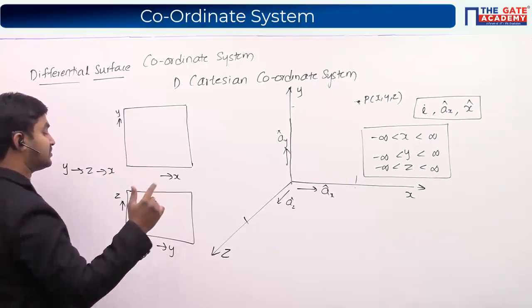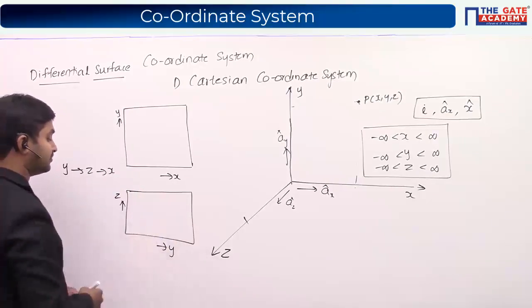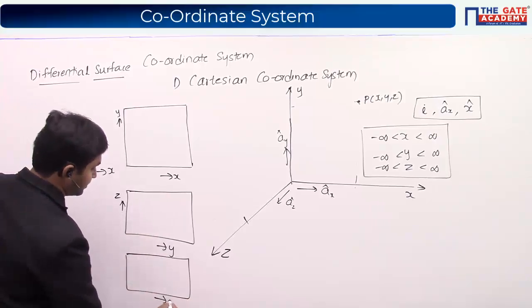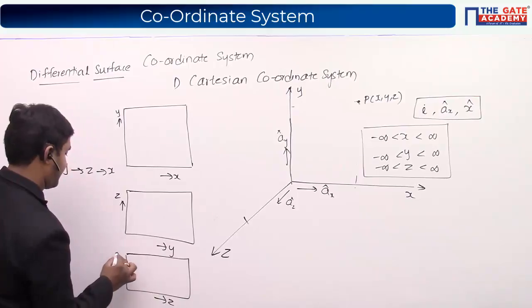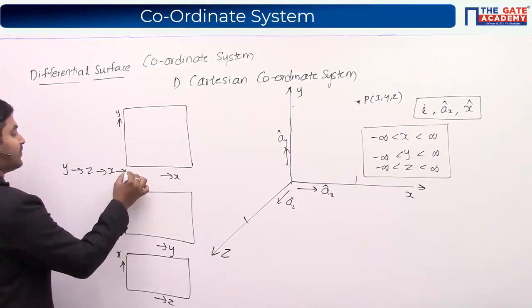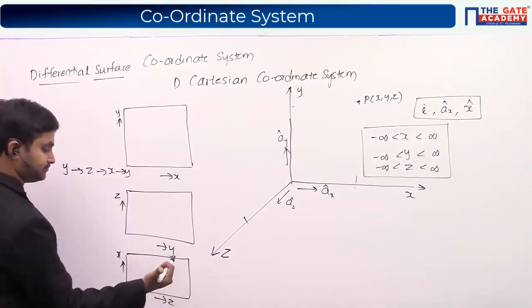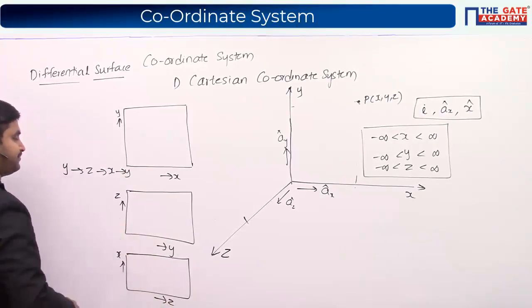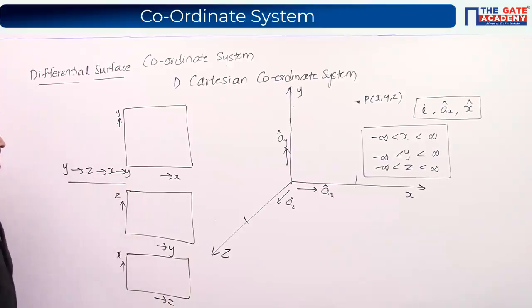So here the direction of this plane is going to be the x direction. And similarly, if I talk about the zx plane, after z comes x and after x comes y. Z, x, y, right?